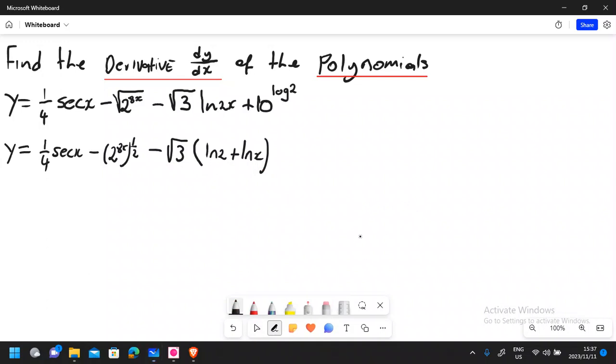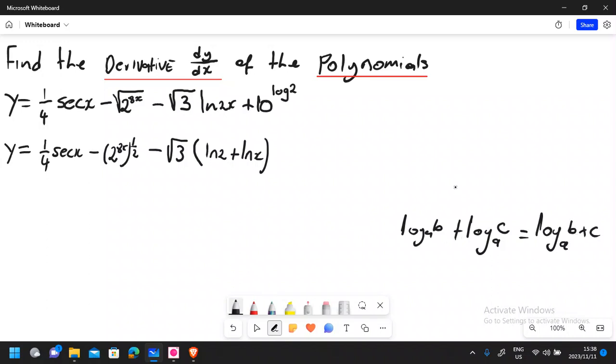There's a law from logs. Remember, logs have the same law as the natural logs. So let's say we have log base a of b plus log base a of c. Now the final answer, if the bases are the same, you can write this as log base a of b multiplied by c.